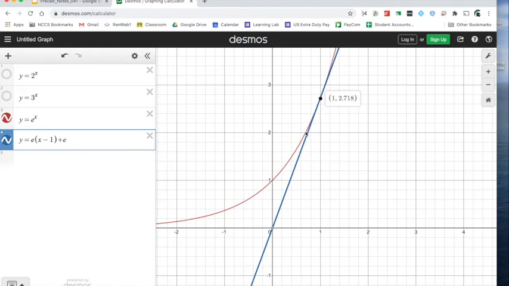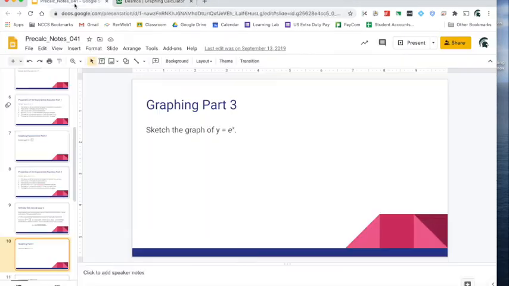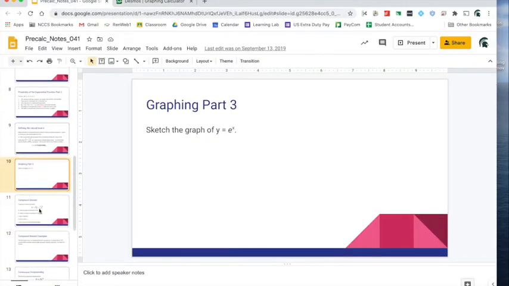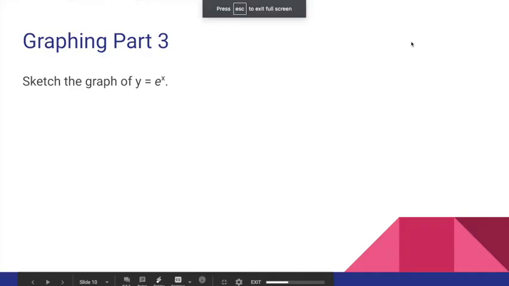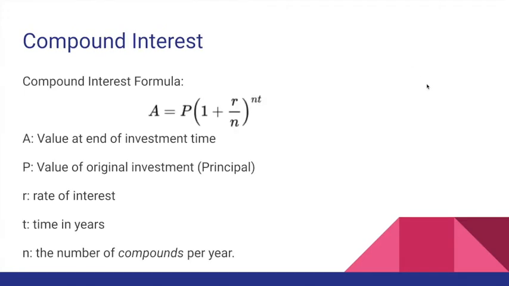So now I have a tangent line at the point 1, 2.718, which remember is e. At the point (1, e), the slope of this line is e. So a fun fact about exponential base e is that at every value of the function, that value is also the slope of the function. That makes it a very valuable number and type of exponential function to deal with in calculus.